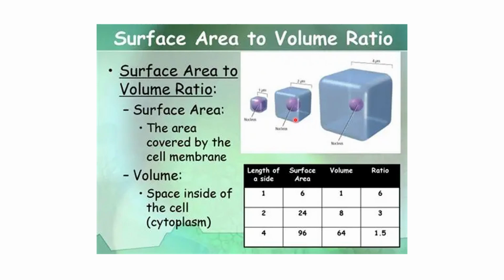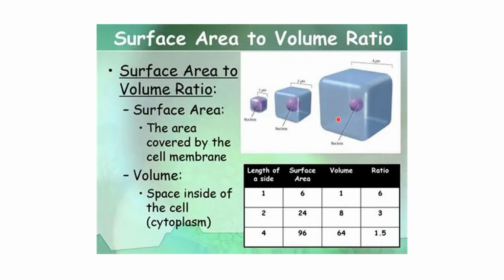As the cube becomes bigger, the length of the side is 2, therefore the surface area is 24. But the volume, which is 2 times 2 times 2, is 8. And therefore the ratio between the surface area and the volume of the cell is just 3. It is decreasing.